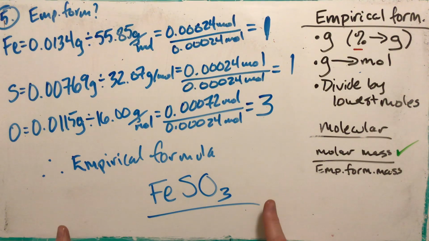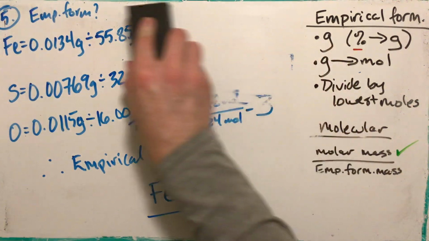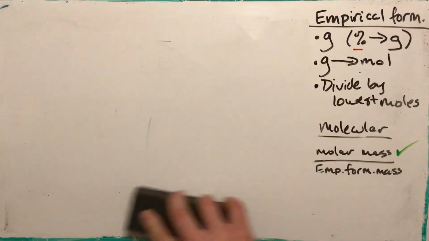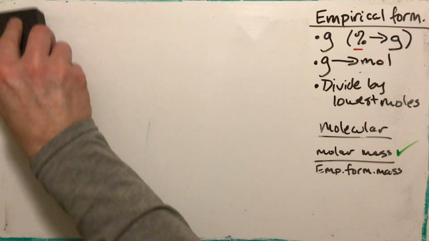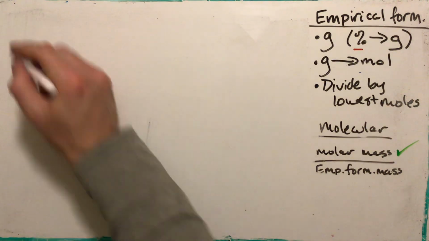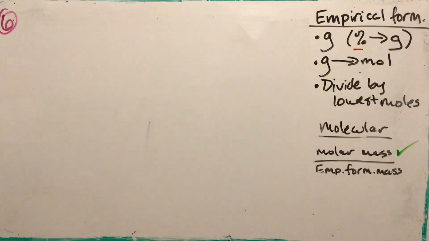If you want to take a closer look at this, by all means, pause the video right now. I'm going to move on to number 6. All right. Number 6. We'll do it in pink. Number 6 also wants an empirical formula, and it does the same thing.